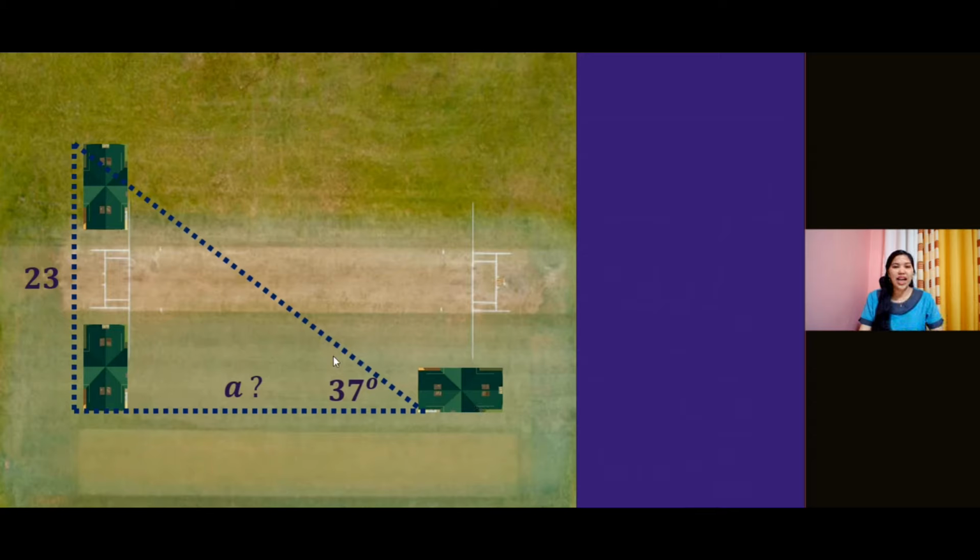Now, if this angle is our angle of reference, 37 degrees, what side is 23 and what side is A? 23, opposite. A, adjacent. Therefore, what ratio is applicable? That would be your tangent ratio. So we know tangent ratio is opposite over adjacent.